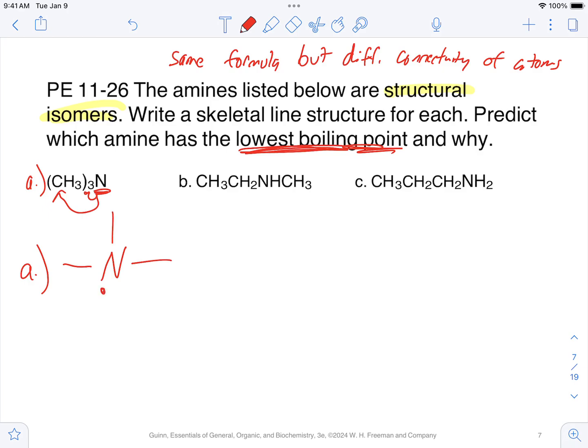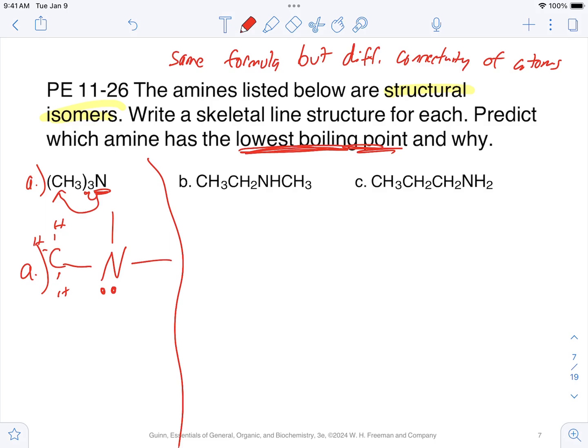And then I have to give the lone pair on the N. So that is the skeletal line structure for that amine. If we had to say what type of amine it is, that would be a tertiary amine because it has 3 R groups. And it just so happens that these R groups are all methyls. If we had to draw it, that'd be a C with 3 H's, and likewise everywhere else.